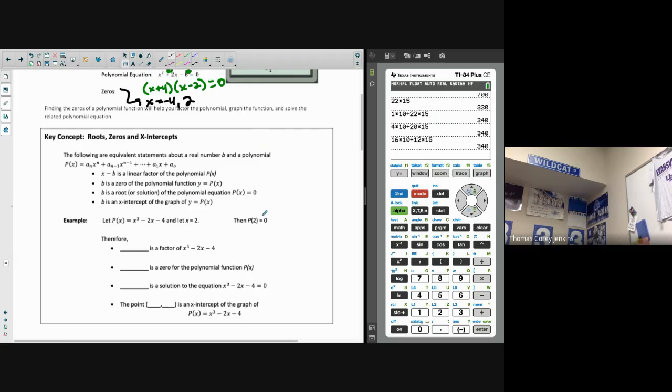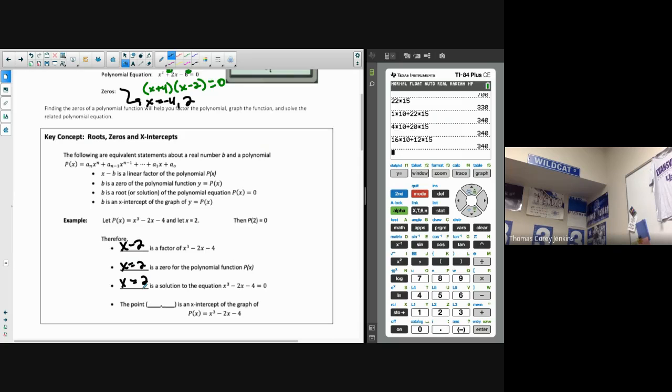So that tells me then what is a factor of that. A factor would not be x plus 2. It's going to be x minus 2. Because again, we think in terms of the zero product property. If I set this equal to 0, that would give me x equals 2. And x equals 2 is a zero, and that also means that x equals 2 is a solution.